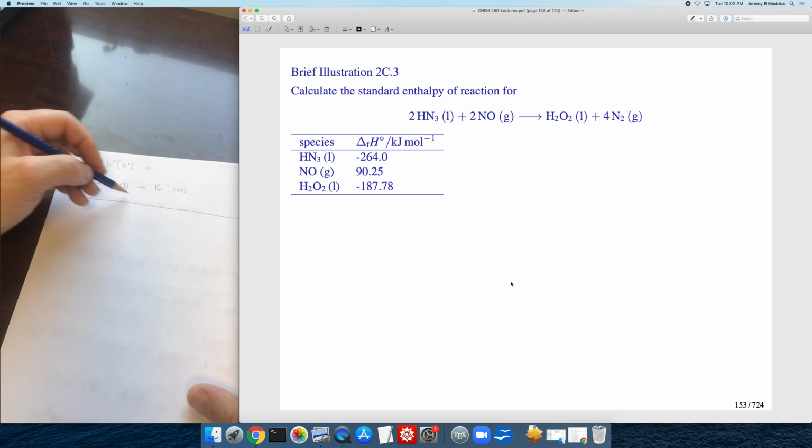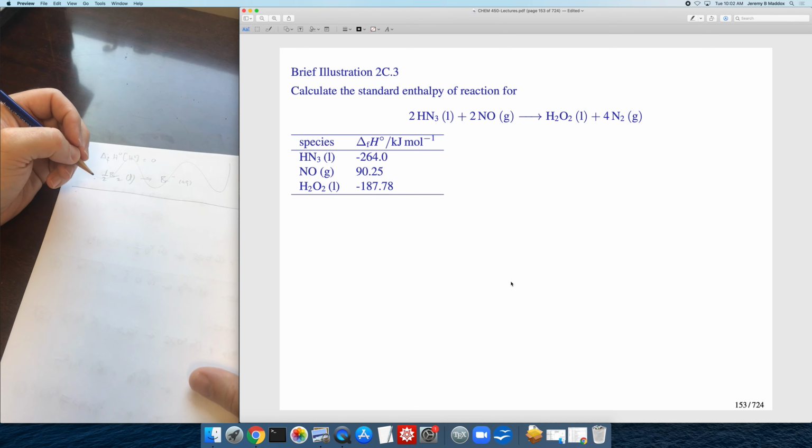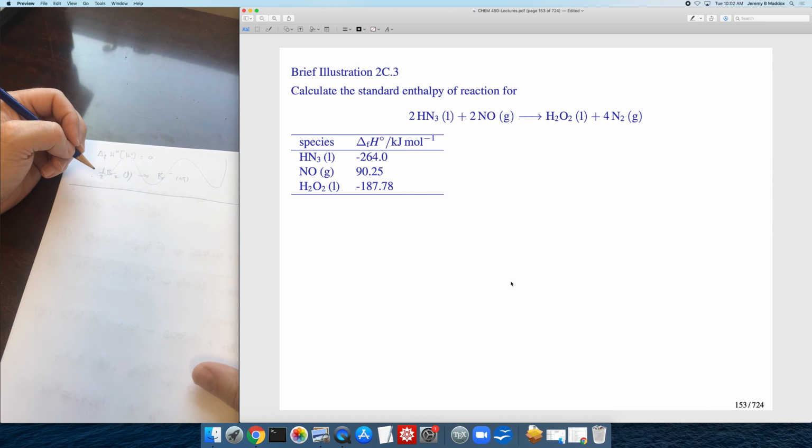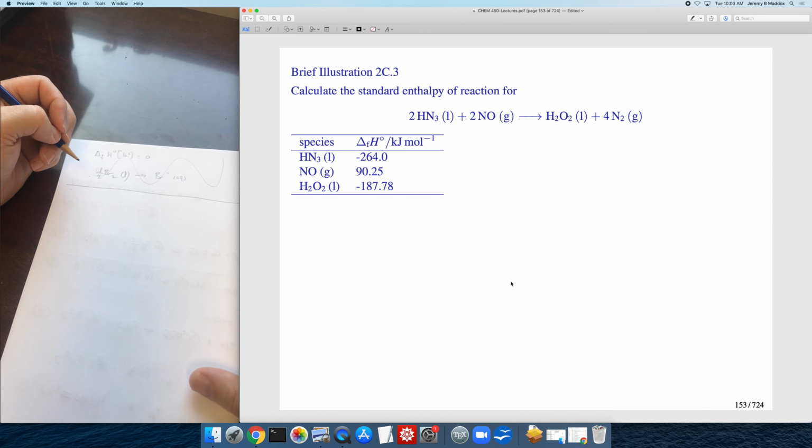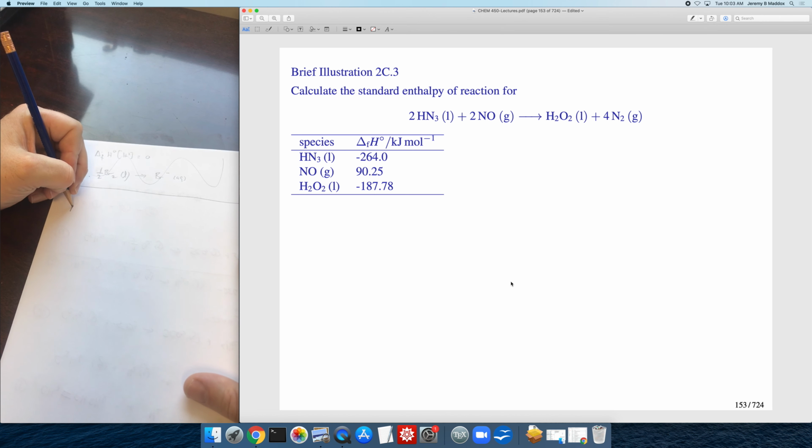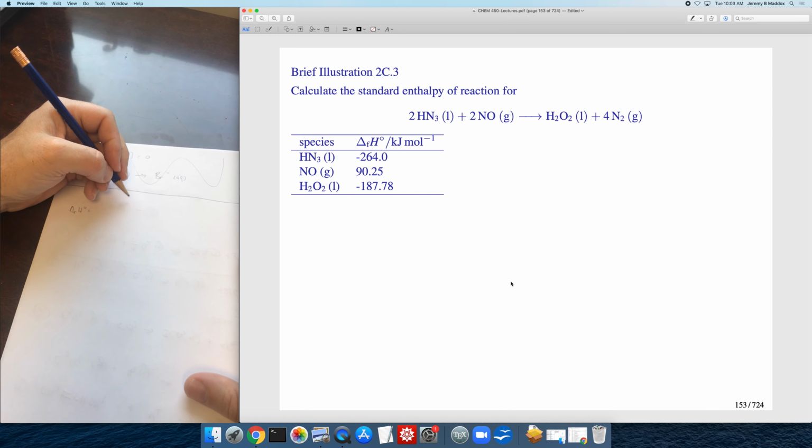Here's one that I think will be more in line with what I had in mind. For this problem, you want to calculate the delta H for the reaction. I'm going to write it out in long form. It's going to be equal to, I start with the products, for example, the H2O2.